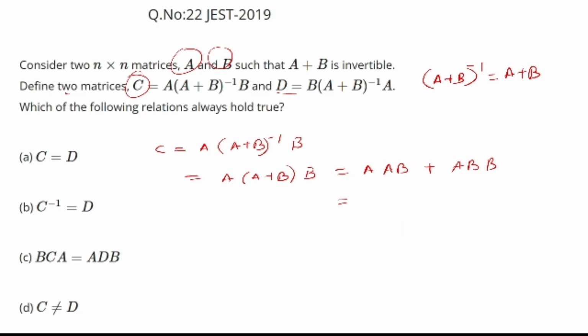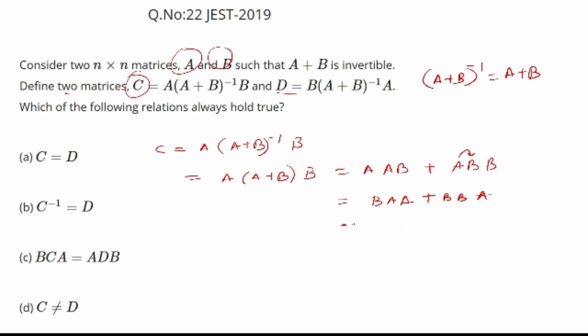Again if we take B in front of this A, it will be positive, so B A A. Same case, let's take A here, then it will be negative, so negative B A B, and again B B A, it will be positive.